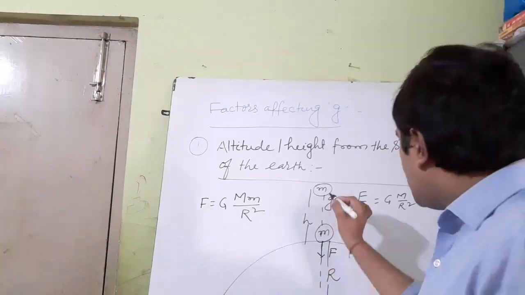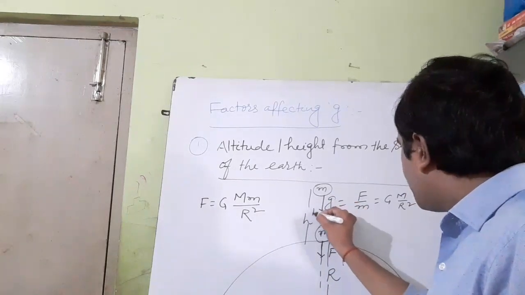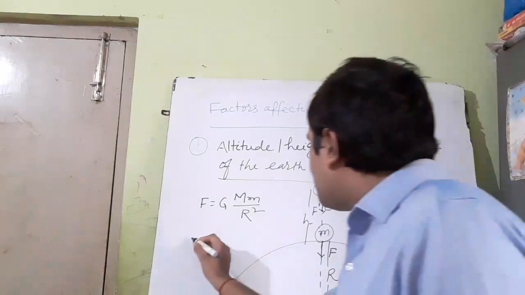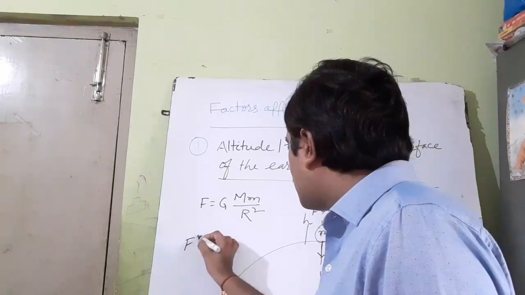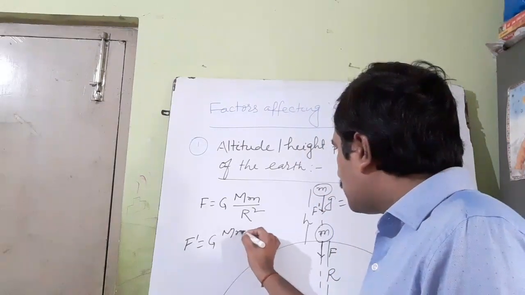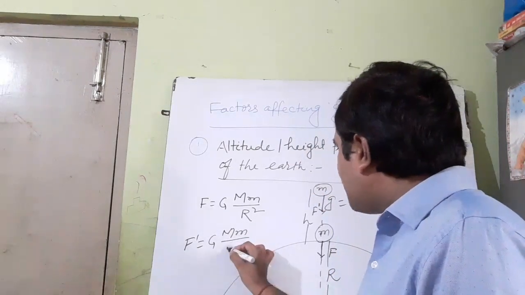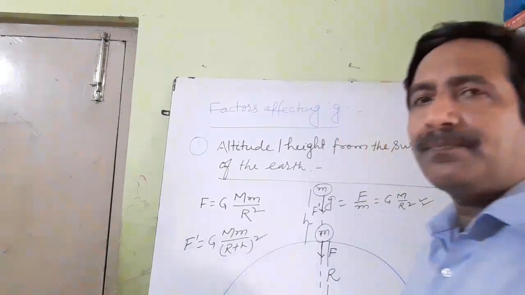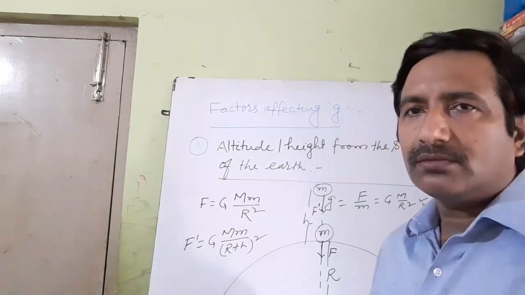Okay, so if F is the force, in this case suppose F dash, then what will be the value of F dash? F dash will be G M1, means capital M, M2, means small m, by R, which will be r plus h squared, because this is the distance between the two bodies now.